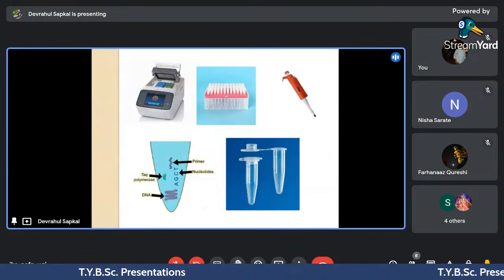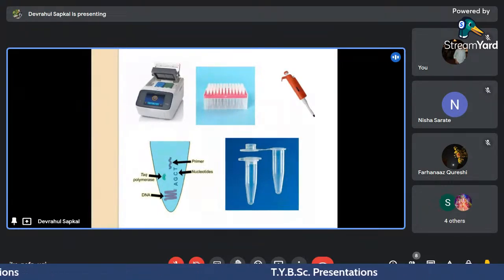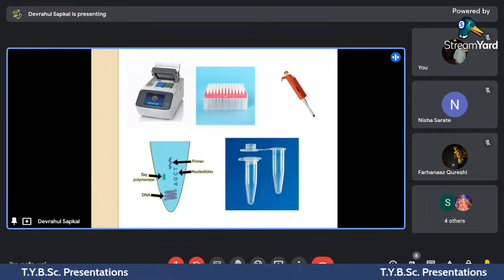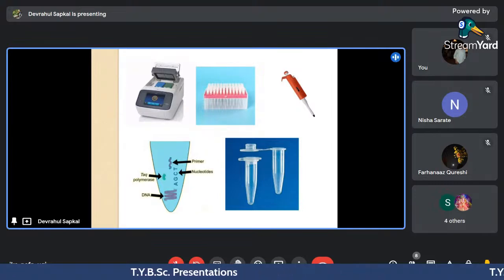For any PCR setup, we require certain equipment. This first diagram is the PCR machine. Then there are tips, micropipettes, and a kind of tube.